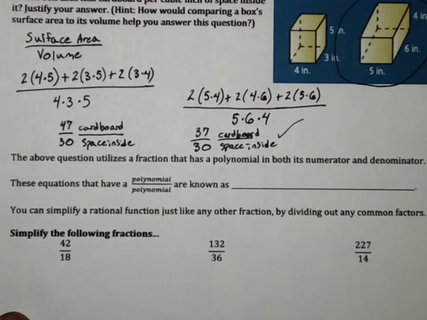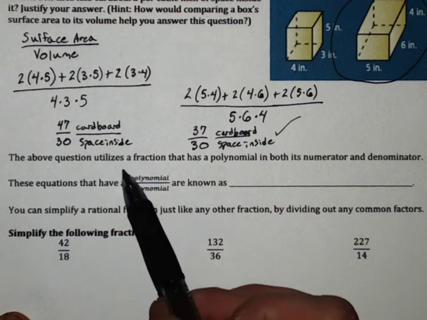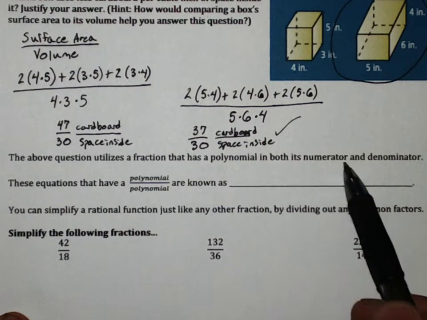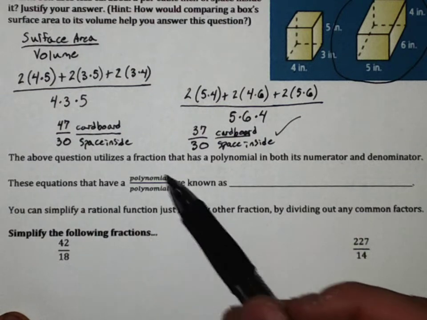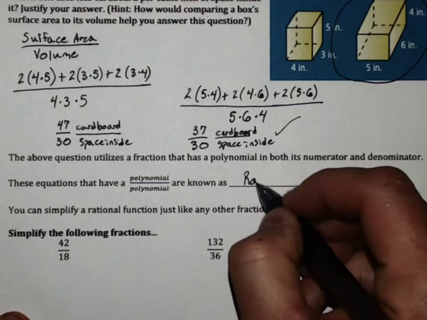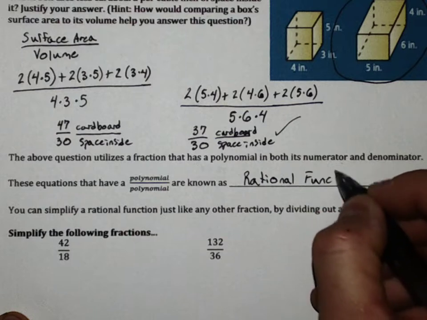It could have terms. It could be a monomial, a binomial, a trinomial. So the above question utilizes a fraction that has a polynomial both in the numerator and in the denominator. These equations that have a polynomial divided by a polynomial are called rational functions.